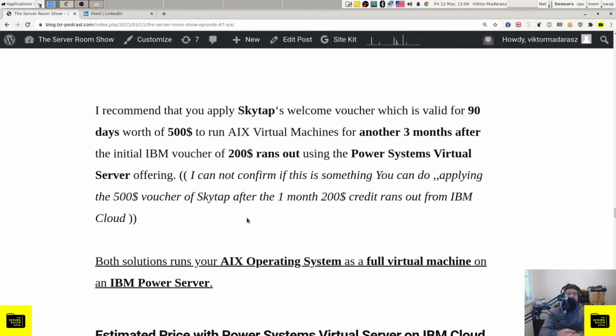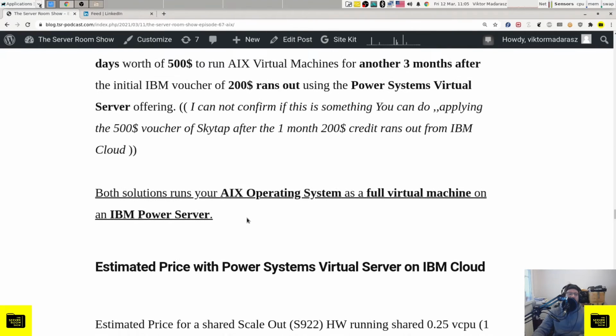However, at this moment I cannot confirm if this is something you can do, I mean, applying for the $500 voucher of Skytap after the 1 month credit of $200 runs out from IBM Cloud. I am still in my 1 month period, so when my money runs out, I will try and see if I can apply for the Skytap offer, which would give me another 3 months before I need to be more cautious about my usage.